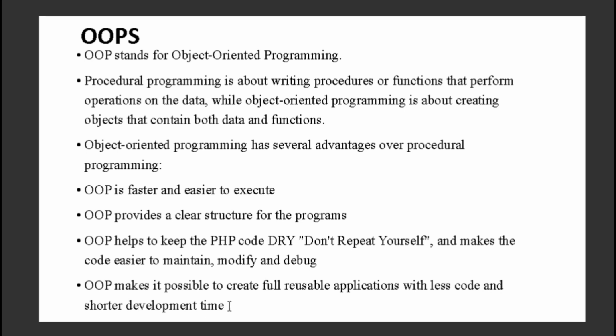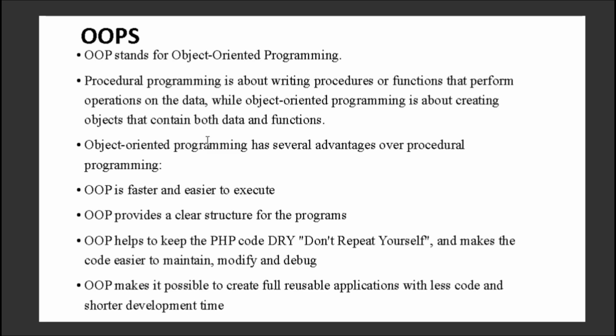Object-oriented programming is a way of writing code where you create objects that represent real-world things. It helps make the code more organized, reusable, and easier to manage. In the OOPS concept, classes, objects, properties, methods, inheritance, encapsulation, and polymorphism all come. Now we will see one by one.